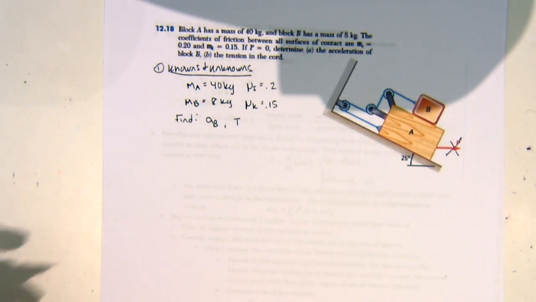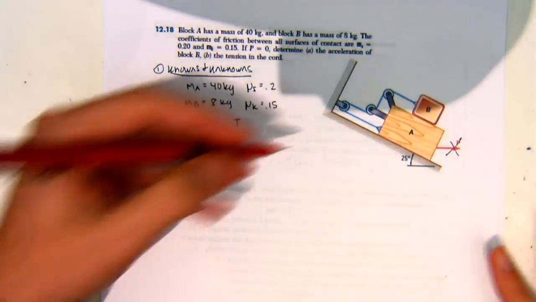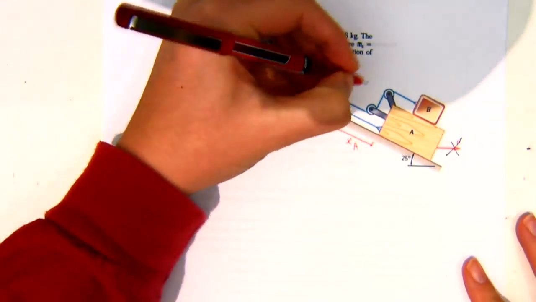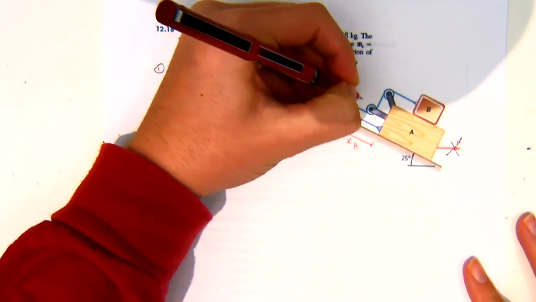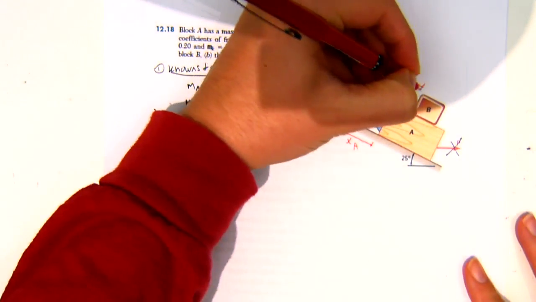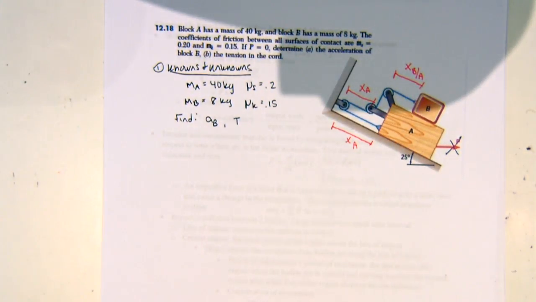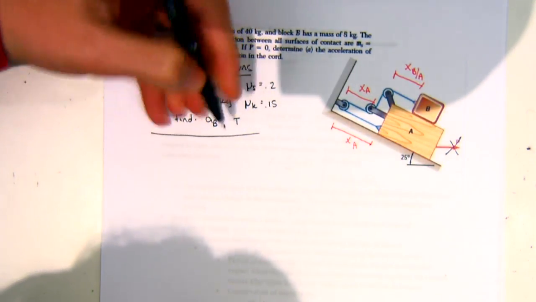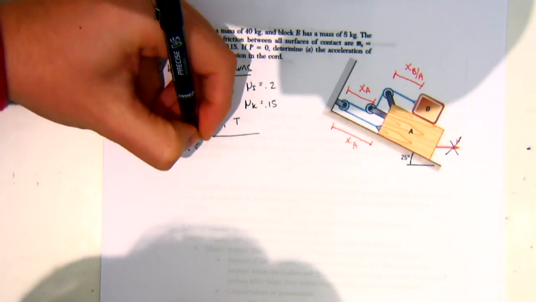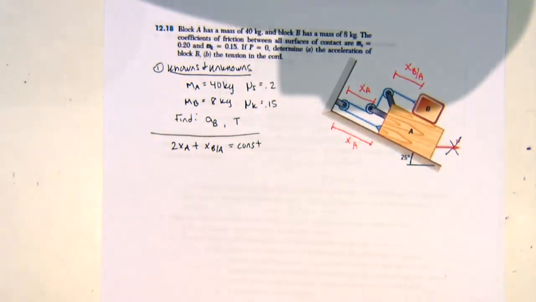So before we start that, let's go ahead and look at the constrained motion for this. Let's look at the cables. So if I call this cable here a length of XA, so I have 1 XA, I'm going to call that 2 XA, and this one I'm going to call XB relative to A. So if I write this as an equation, I get 2XA plus XB relative to A is equal to some constant.